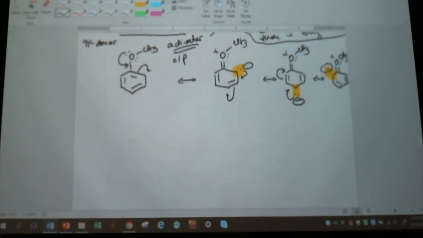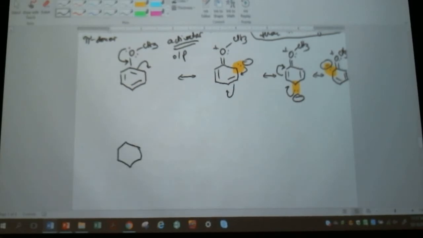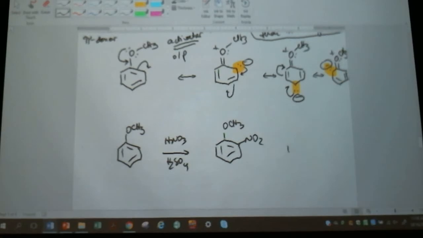So if I put anisole with, let's say, some nitric and sulfuric acid, I will end up with ortho and para substitution.